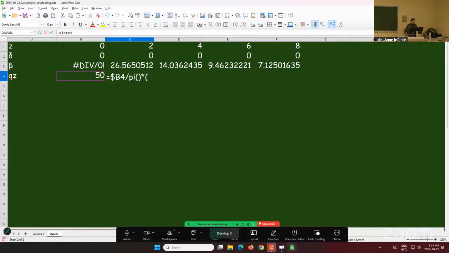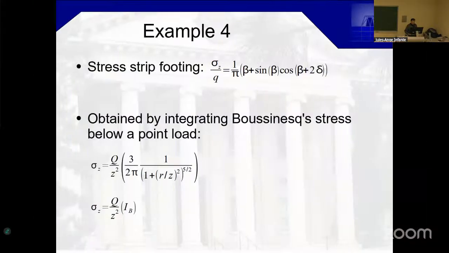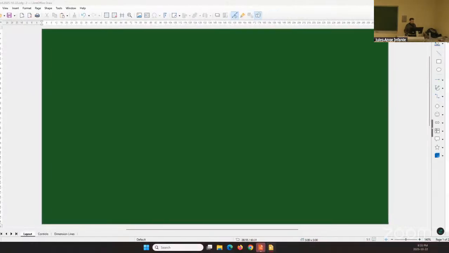And so we have radians of beta plus sine of beta times cosine of beta plus 2 times delta.